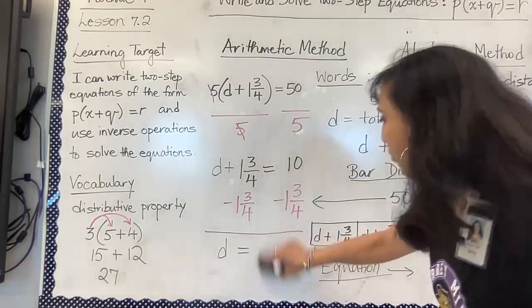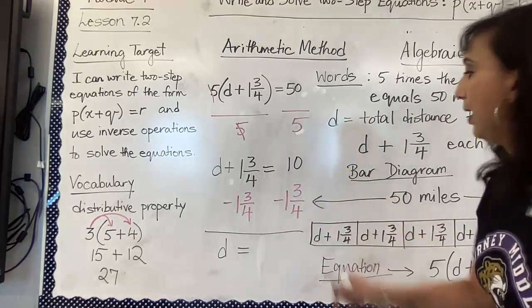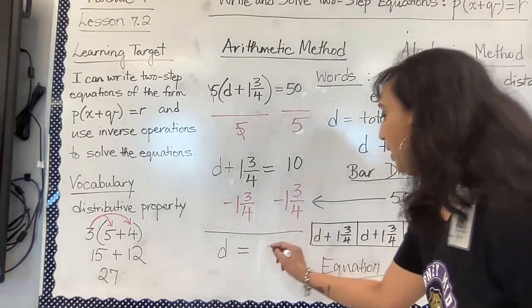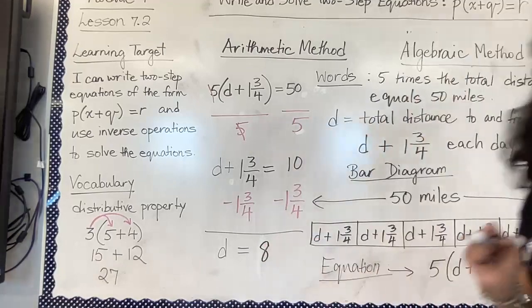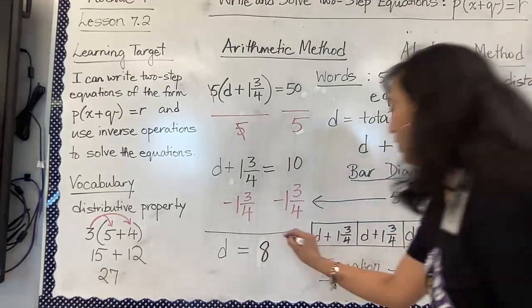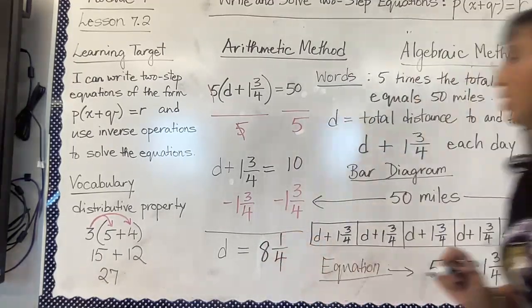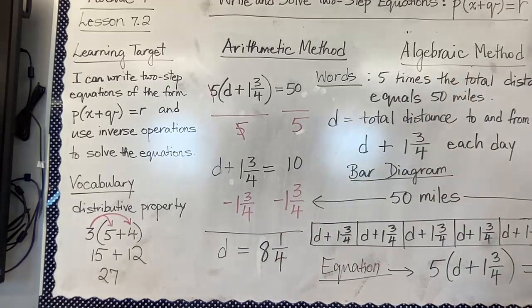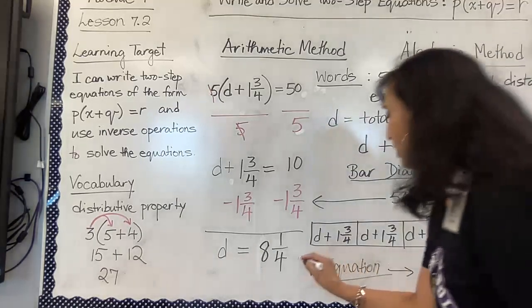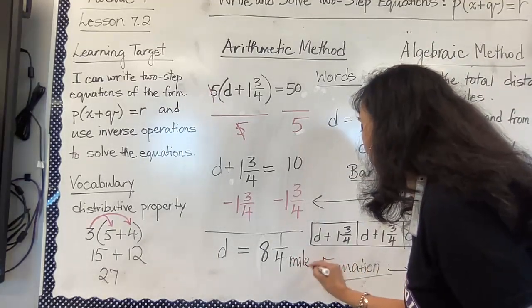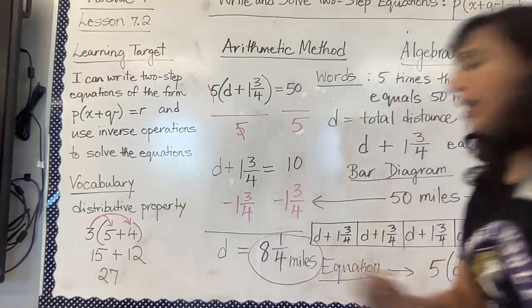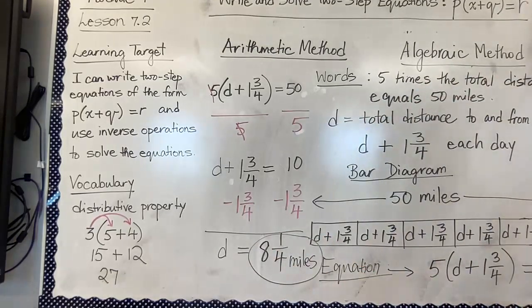If I'm regrouping this, I would end up with 8 and 1/4. So that is basically the distance to and from school: 8 and 1/4 miles. Okay, and that is my answer.